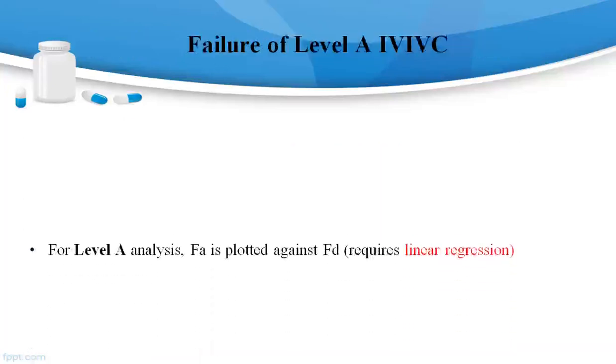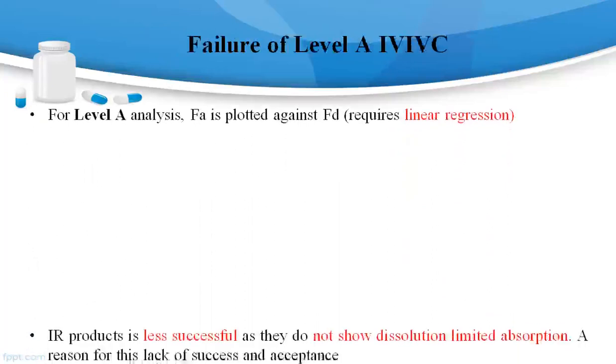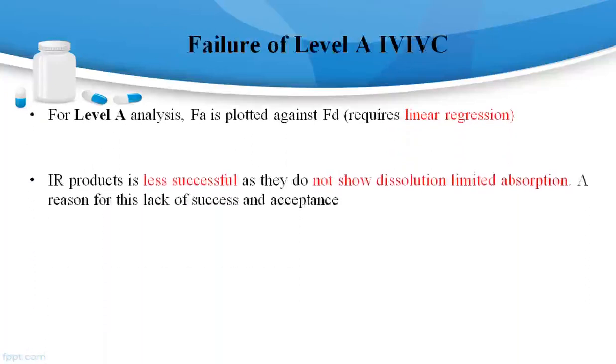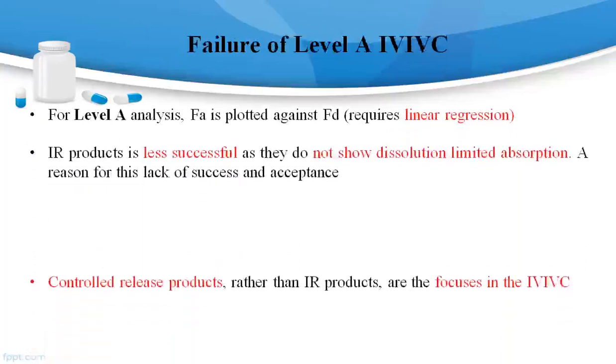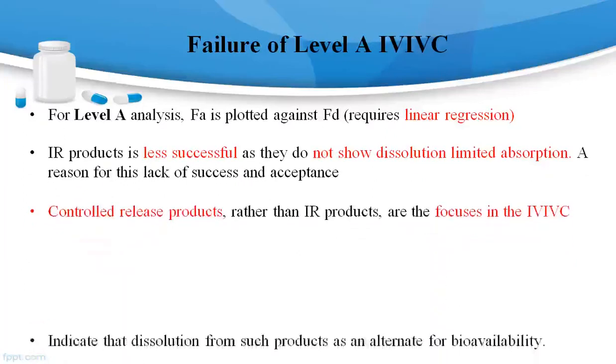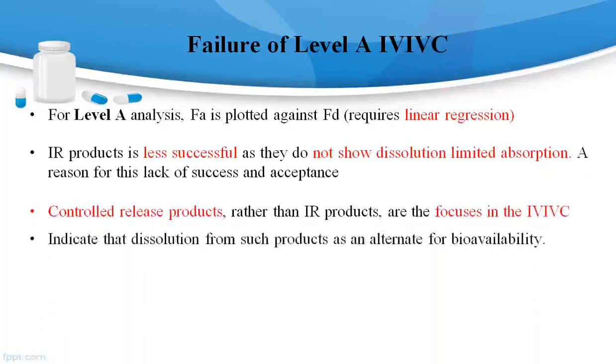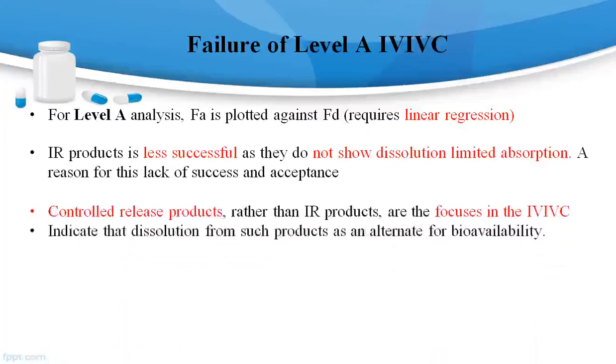Next is the failure of level A in vitro in vivo correlation. For level A analysis, we find fractional absorption or bioavailability against fractional dissolution, which requires a linear relationship.